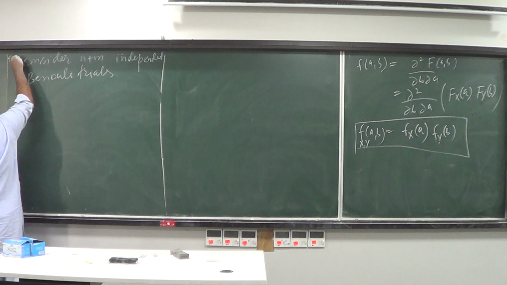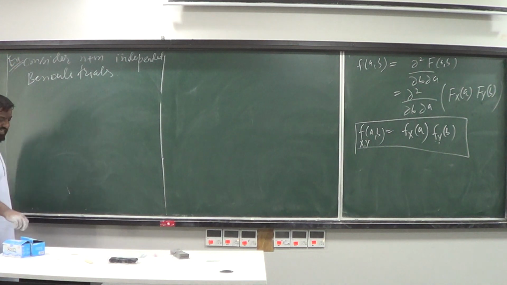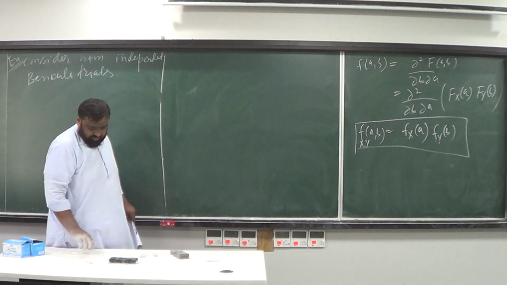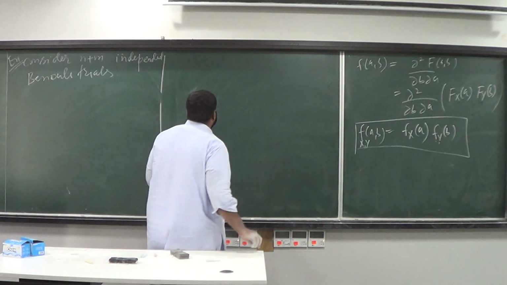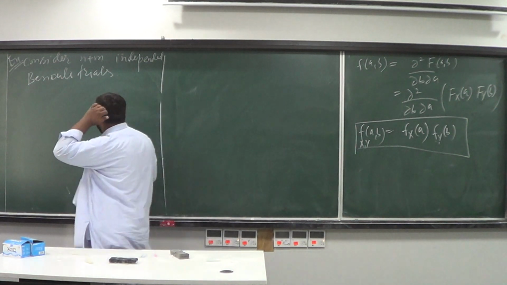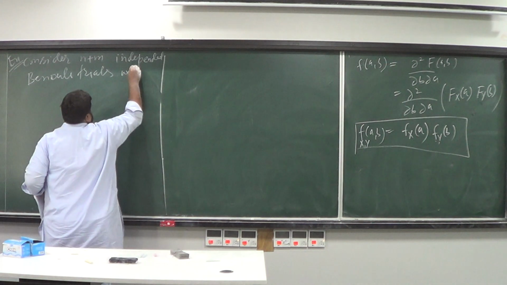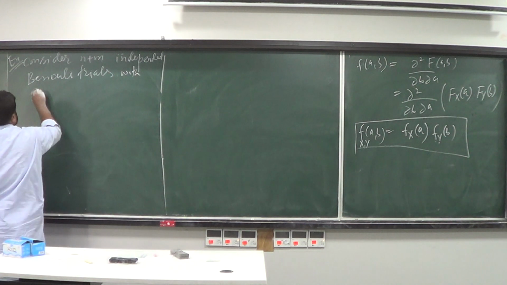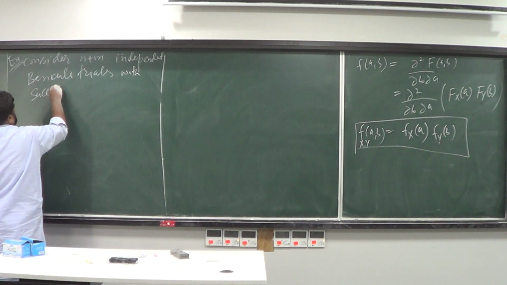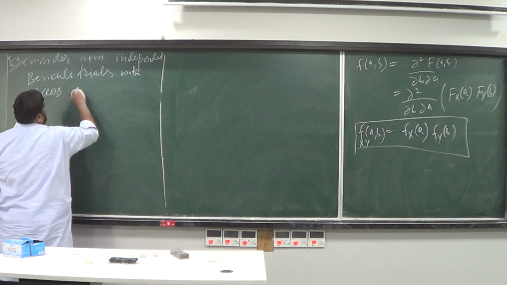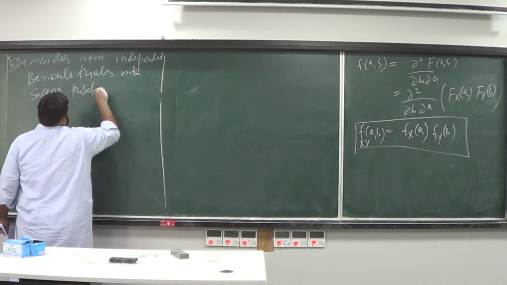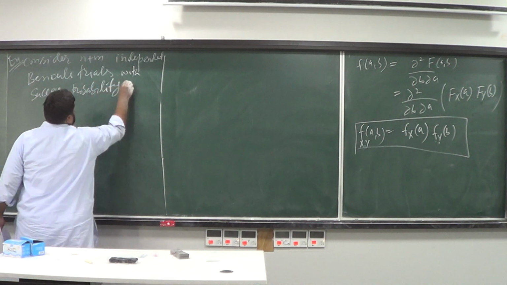So that's an example of independent random variables. N plus m Bernoulli trials with success probability p.